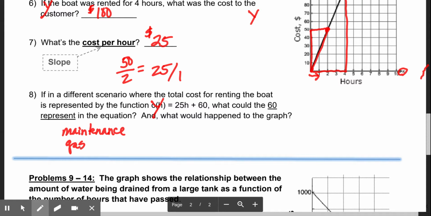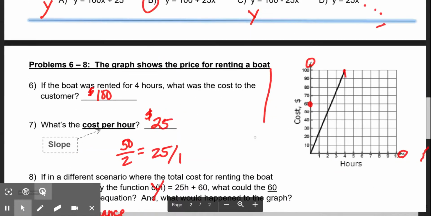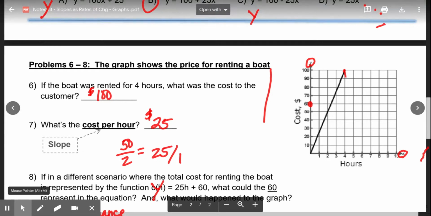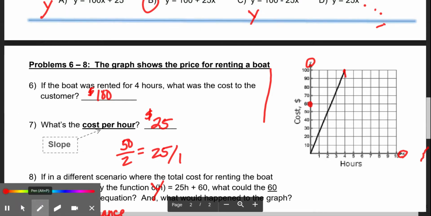Okay, so let's see what would happen. Let me go ahead and erase some of my markings on this graph, and let's see what would happen if we started at 60. So we're going to start at 60 here on the graph. And then we're still going to rise the 25 per hour.